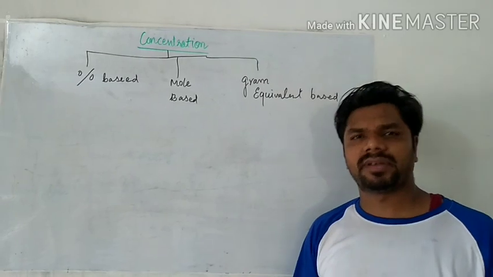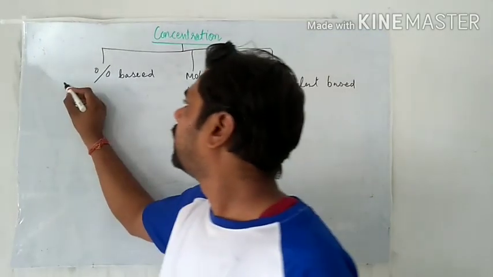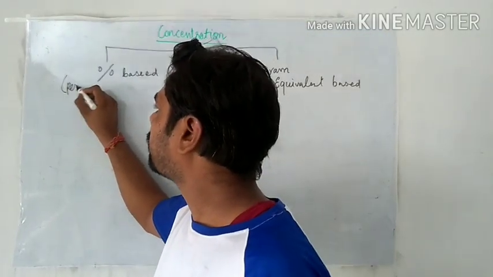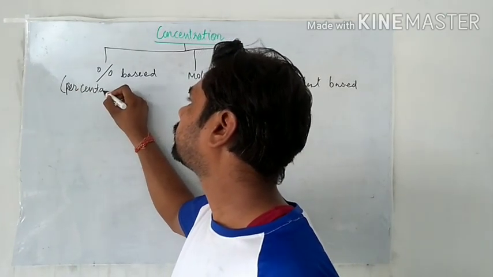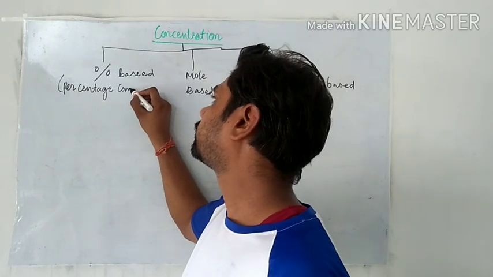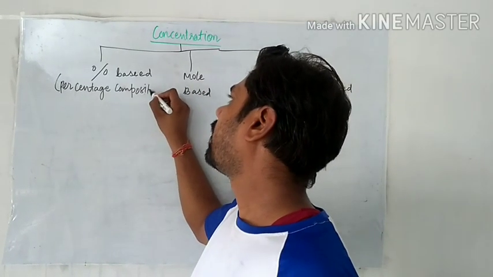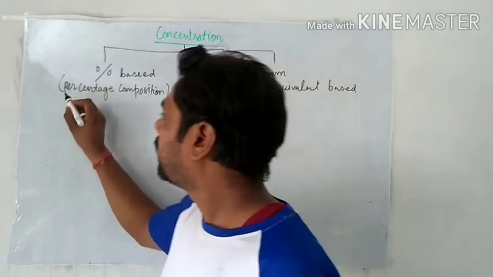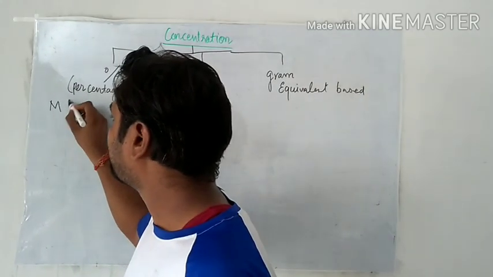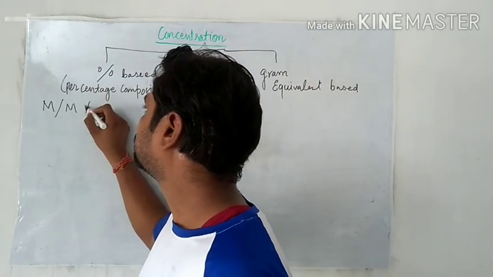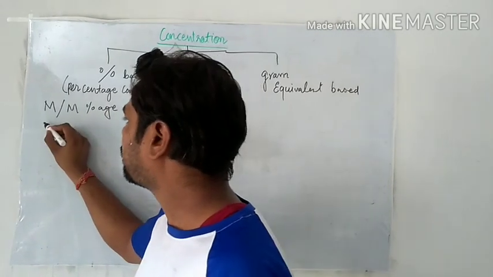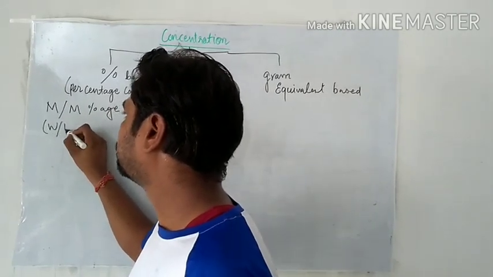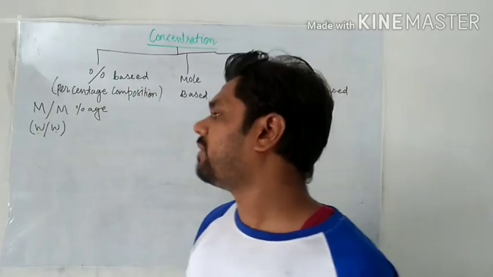If we talk about percentage based, that is also known as percentage composition. In this there is mass by mass percentage, also called weight by weight, W by W.